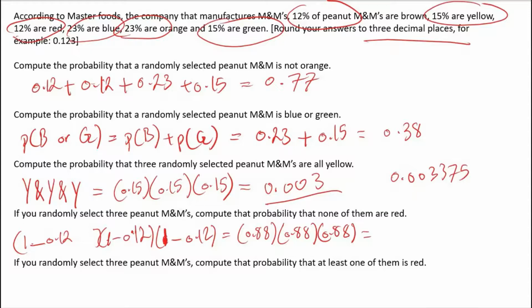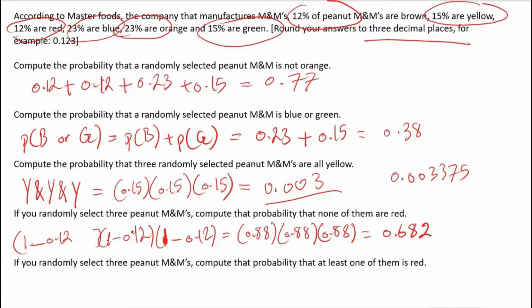And the final answer, rounded to 3 decimals, is 0.682. So that is the probability that none of them is red. The first one is not red, the second one is not red, and the third one is not red.